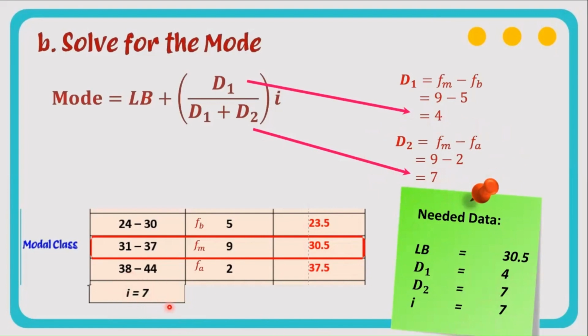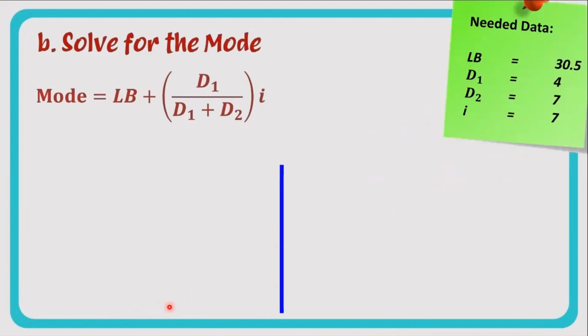This time we're ready to solve for the mode. This is the formula. We need to substitute this. So we have 30.5, our lower boundary, and D1 is 4, over 4 plus 7, the value of our D sub 2, and times 7, the value of the size of the class interval.